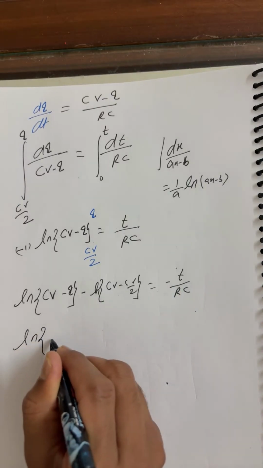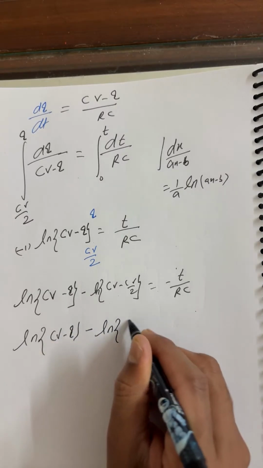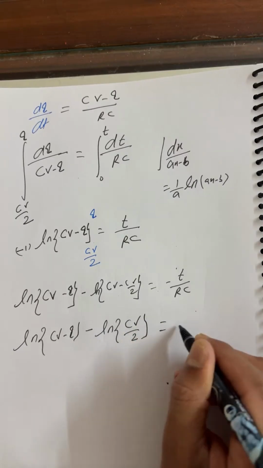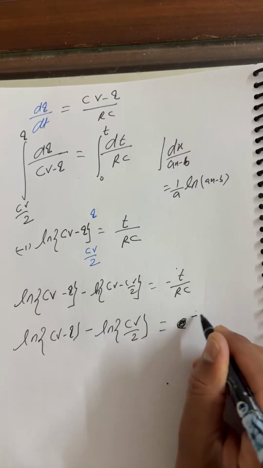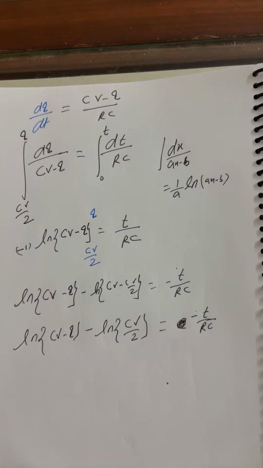So this is ln of CV minus Q minus ln of CV by 2, equal to minus t by RC. Just do it further.